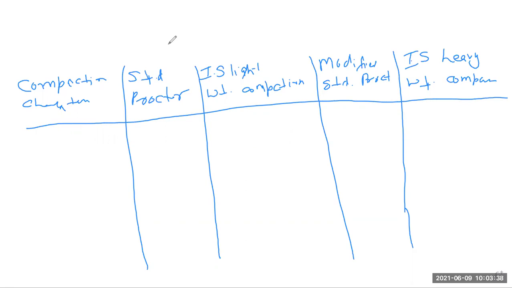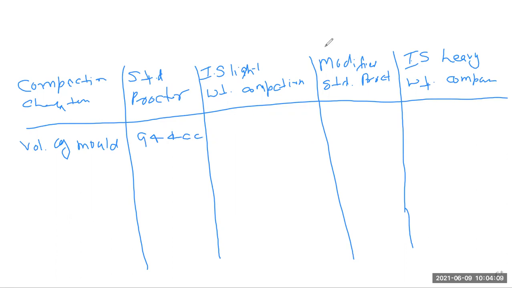So the first characteristic of the test is volume of mold. Volume of mold means the cylindrical mold that is used for the compaction test. For a standard compaction test, volume of mold is 944 cc.